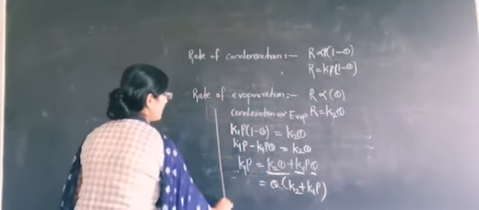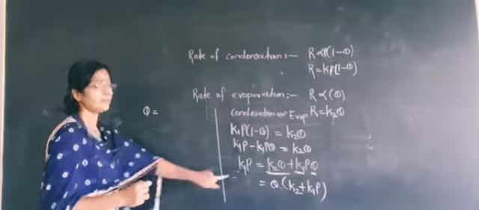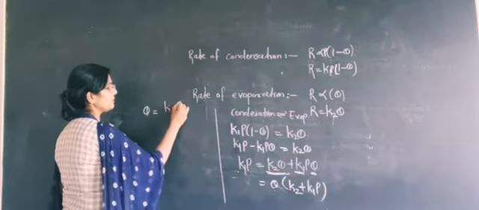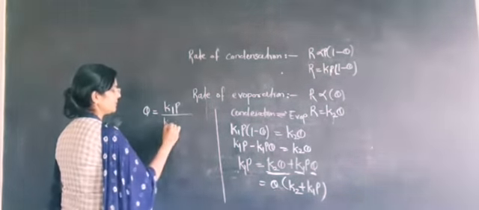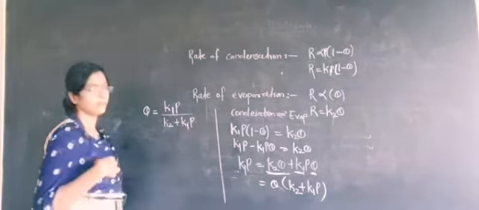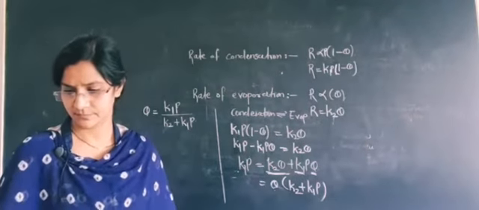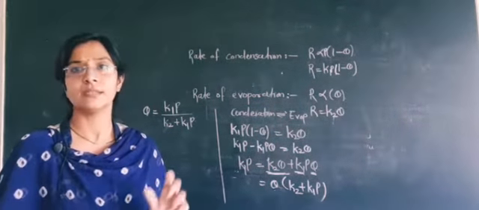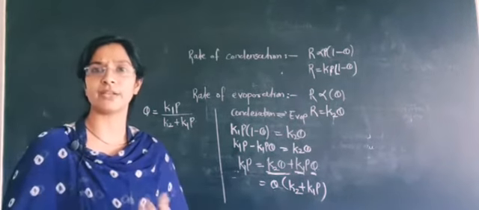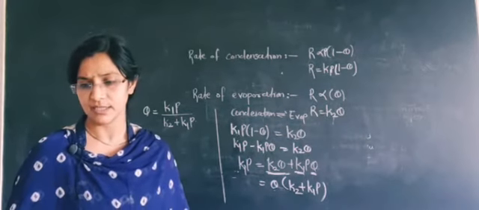If we want to find the value of theta, we rearrange this equation: theta equals K1P upon (K2 plus K1P). This is the value of theta. Theta is nothing but the fraction of the surface area covered by the molecules.